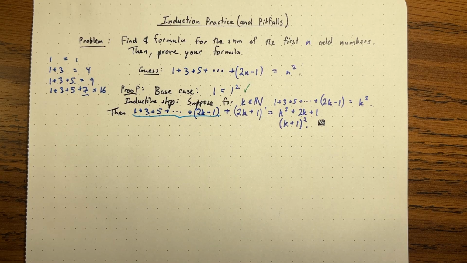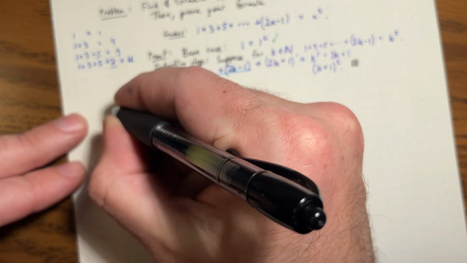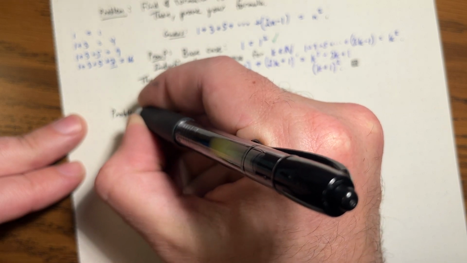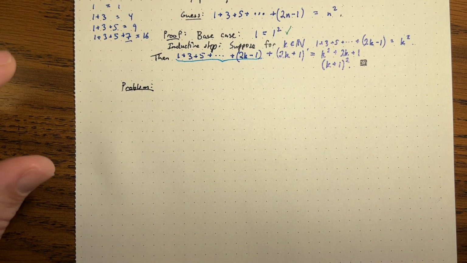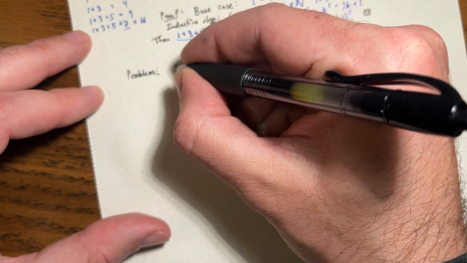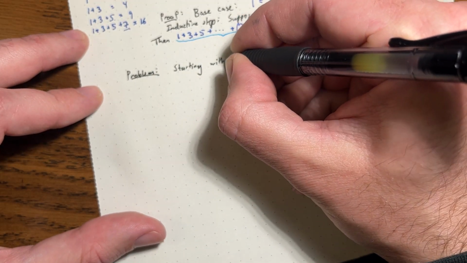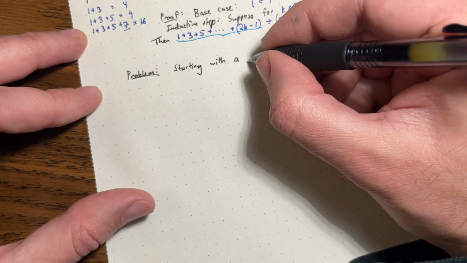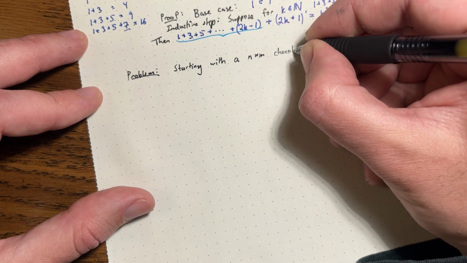Okay, let's do another example where we maybe need to use strong induction. Call this the chocolate bar problem. So starting with a chocolate bar. This is a rectangle, let's say, so an n by m chocolate bar.